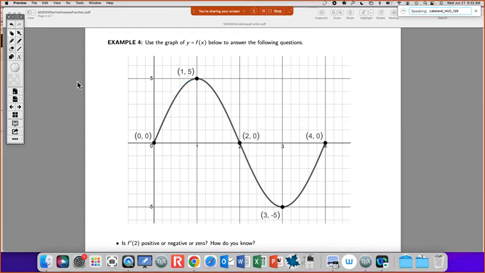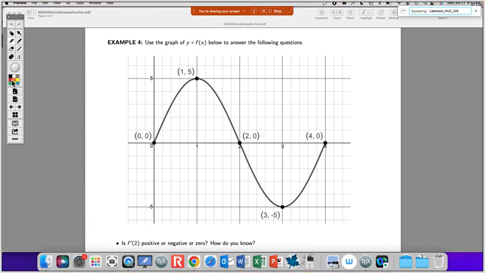And now it asks us to use interval notation to describe the values of x for which f prime is less than 0 and bigger than 0. So f prime of x bigger than 0, that means we're looking for what kind of slopes?